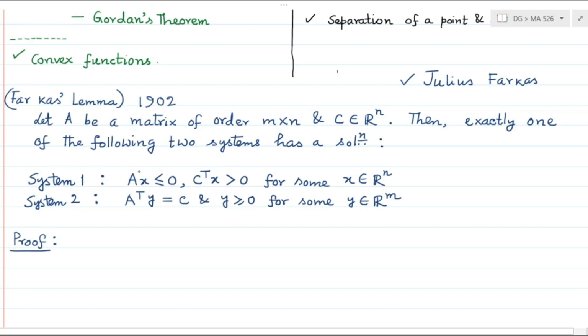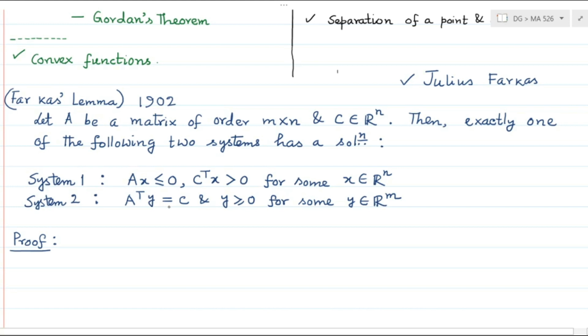You note that solving a system of linear inequalities is not an easy task. If we have two or three inequalities, you can check geometrically whether the set of inequalities in system 1 has a solution. However, if you have more than 5 variables and the matrix A is, let's suppose, of order 6 by 5, it is not an easy task to check whether this system of inequalities has a solution.